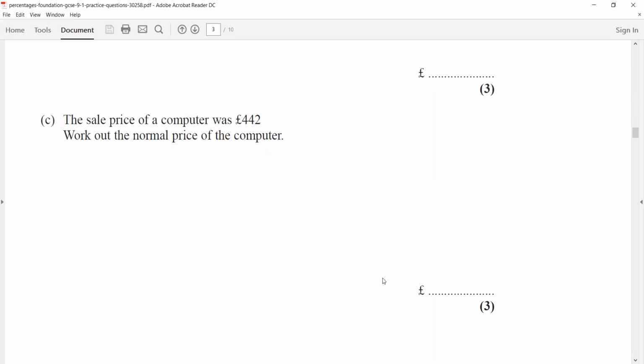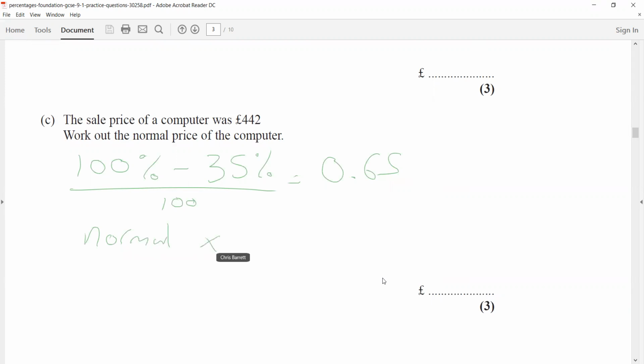So 100%, subtract off the 35%, and then we divide it by 100, gives us our 0.65. So we have got normal multiplied by 0.65 equals 442. It then says work out the normal price.